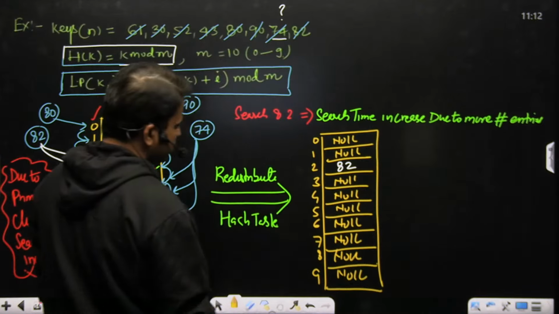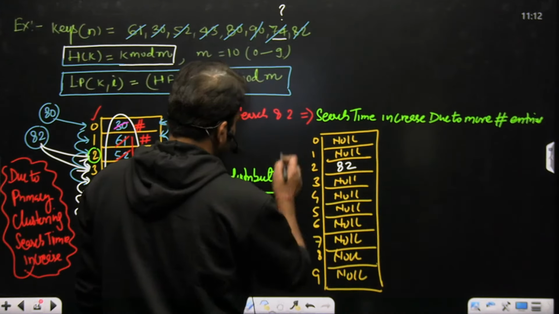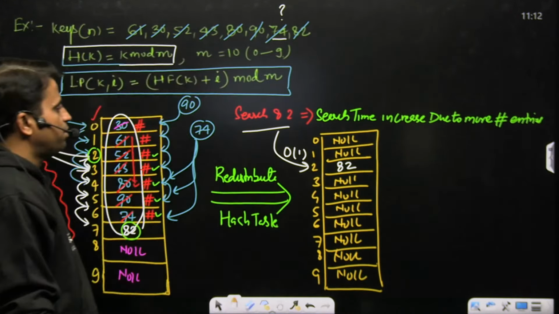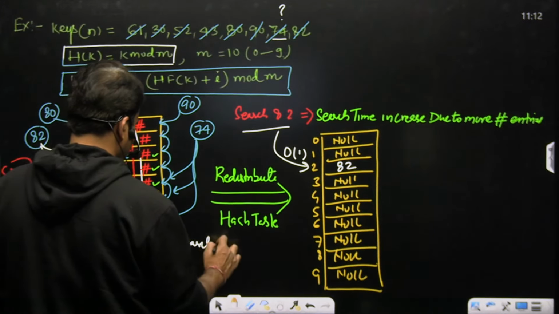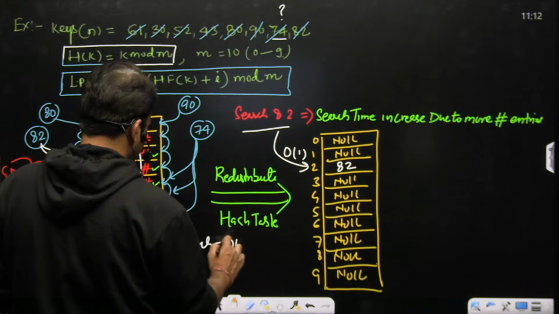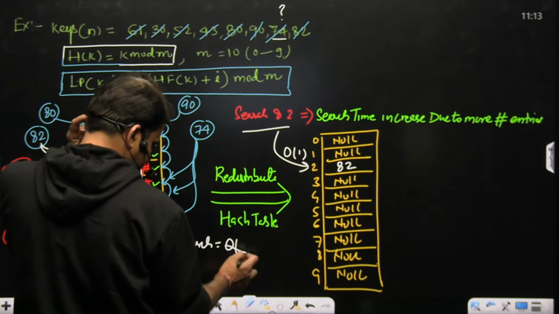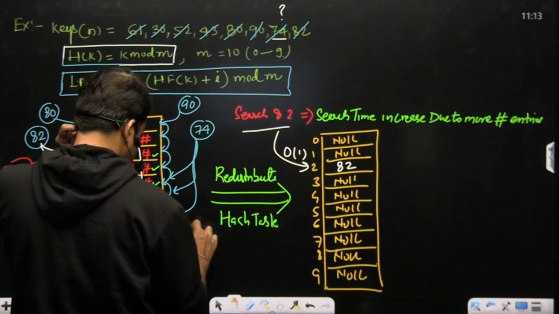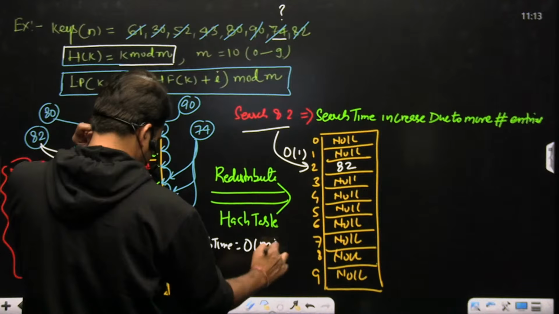So now you search 82, then in order of one time, in this case you search 82, now you search 82 in constant time, right? But you search 82 here, then search 82, it will take near about, sir, maybe on an average, if I talk about, size of hash table.